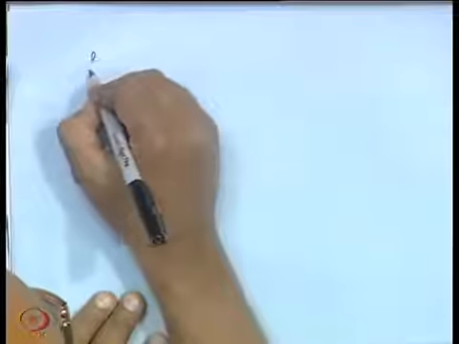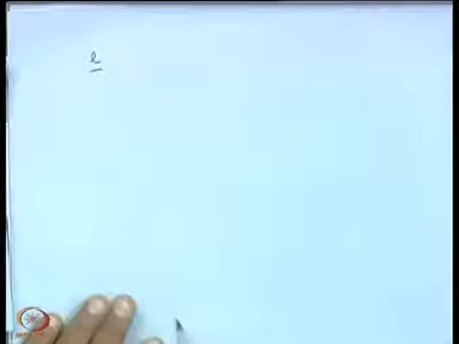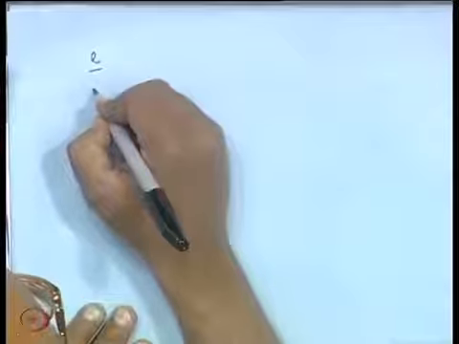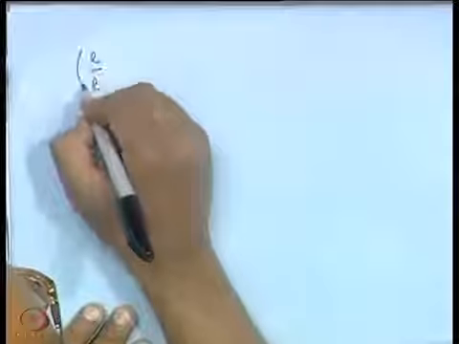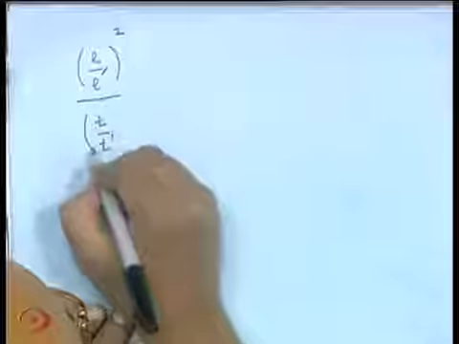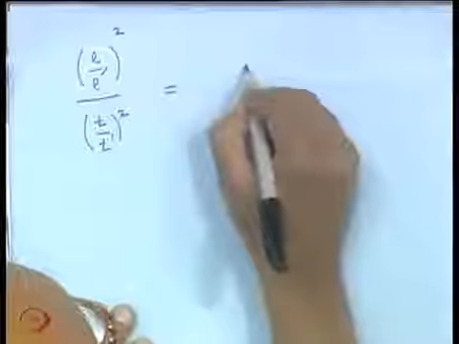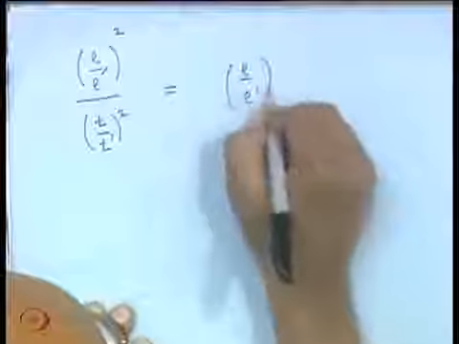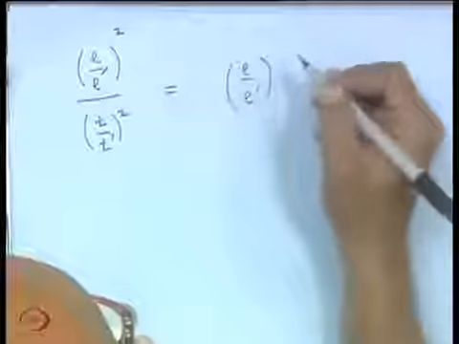The condition here is that (L by L prime) square by (T by T prime) square should be equal to (L by L prime) to the power of k, right.